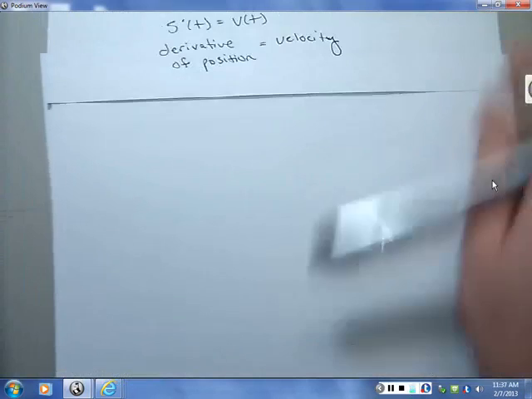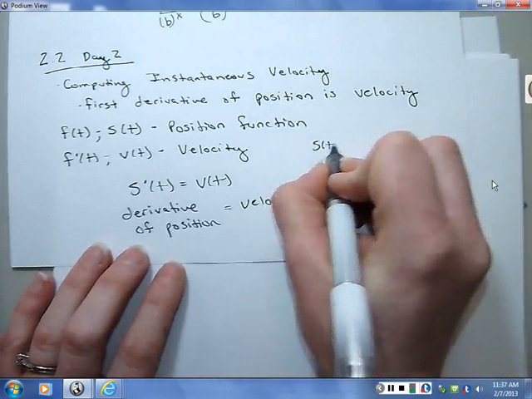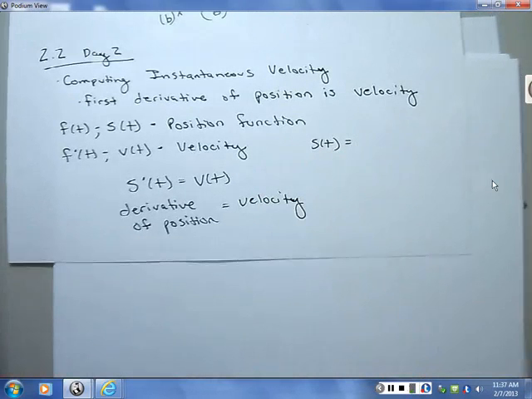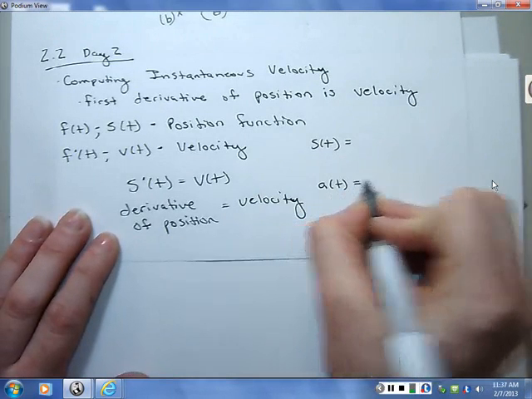And it turns out, well, I could have some fun here. Does anyone know the position function for objects falling on Earth? I have one here in a second. Well, that's the acceleration, right? It's a constant acceleration, which is important. So the acceleration is a constant, and they name that g.